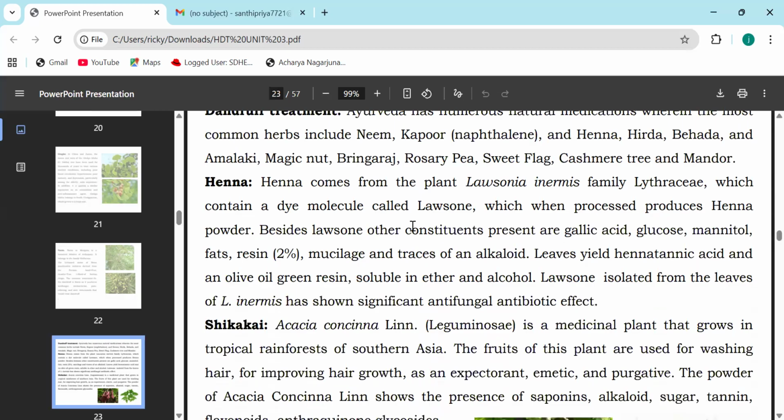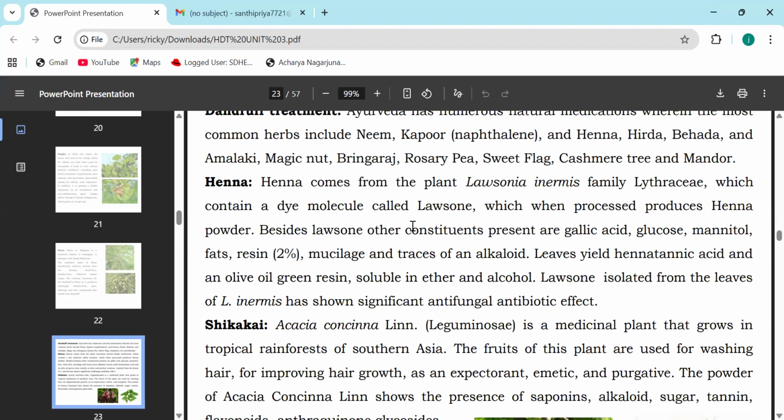The leaves yield henna tannic acid and olive oil green resin soluble in ether and alcohol. Lawsone isolated from the leaves of Lawsonia inermis has shown significant antifungal and antibiotic effects. So that is the henna leaves.